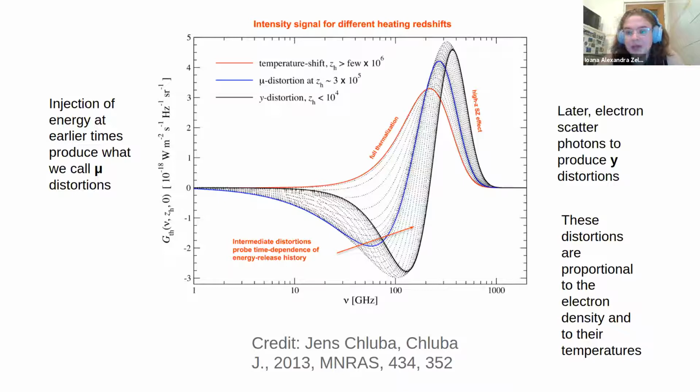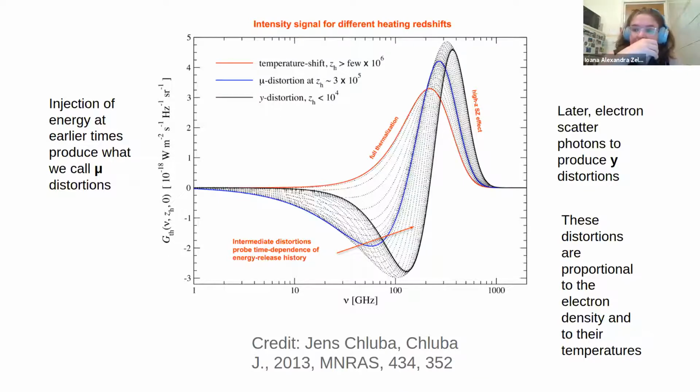These distortions are proportional to the electron density, but also to the temperature of the electrons. If you're familiar with the Sunyaev-Zeldovich effect, that is a type of Y distortion that happens later on, when the density of the electrons is high because the matter clumped over, but the temperature is low.